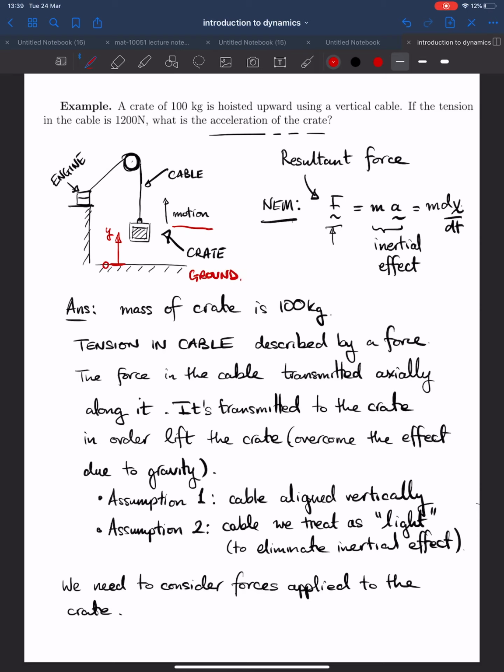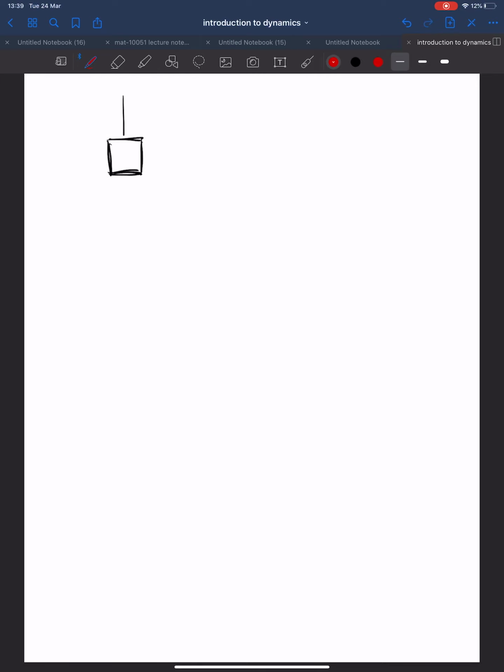Remember, you can set this in any way you like. Here I have actually no information concerning the initial state of the crate, and therefore where I've set this axis won't actually come into play, where I've set the reference system. But it's just to keep in mind. So we have this somewhere here. This is our crate.